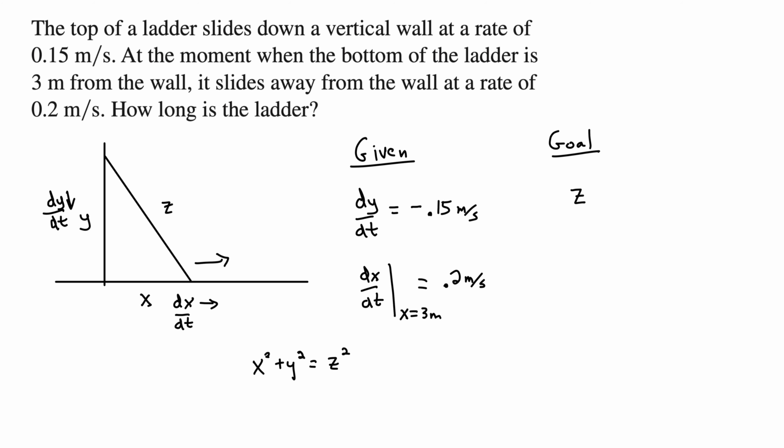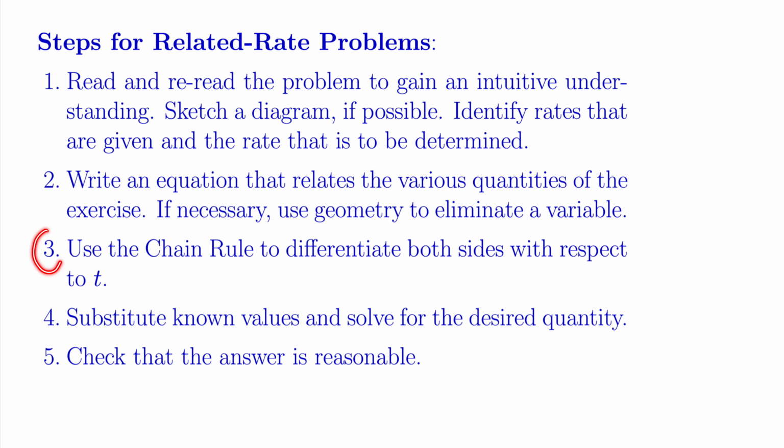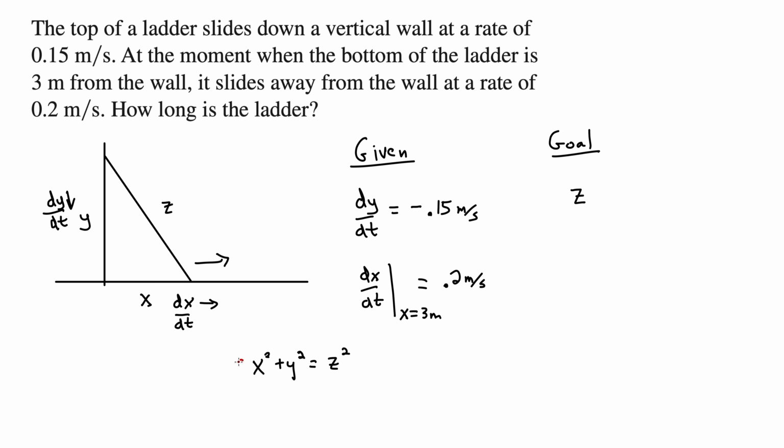On to step 3. Step 3 says use the chain rule to differentiate both sides with respect to t. Okay, well, I'm always down for some chain rule. So we'll come in here, d/dt of both sides.